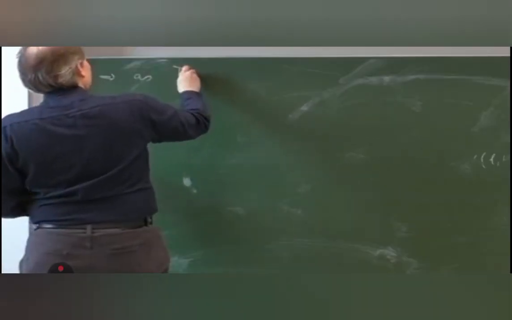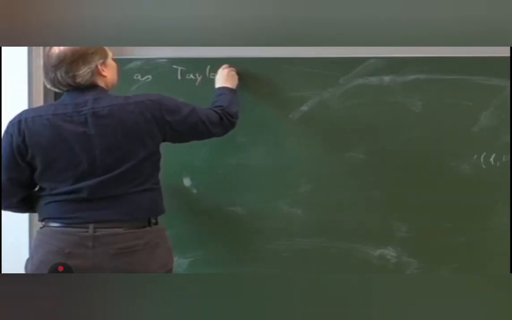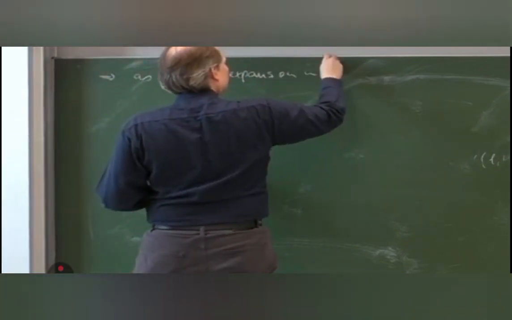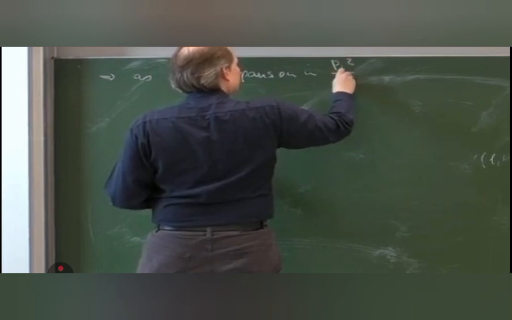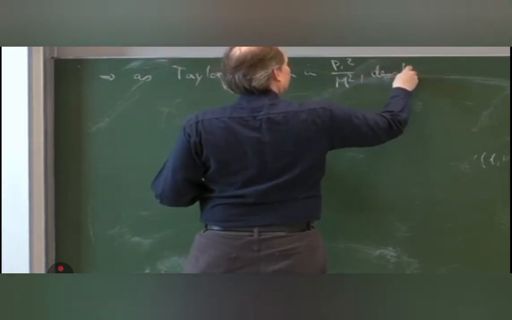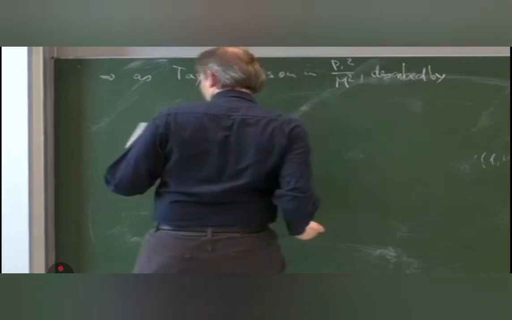And then we obtain the following as a Taylor expansion in pi square over capital M square. This is completely described by an effective field theory.